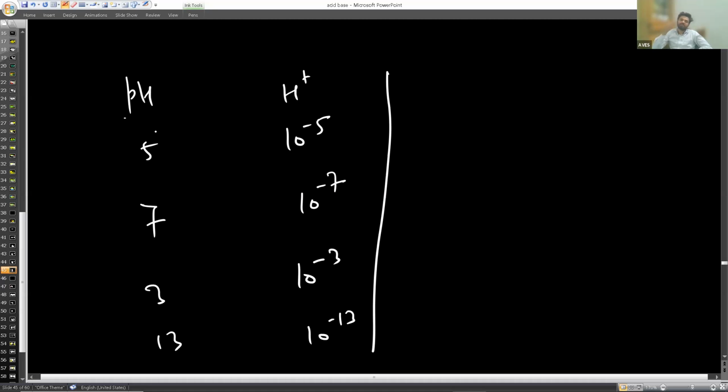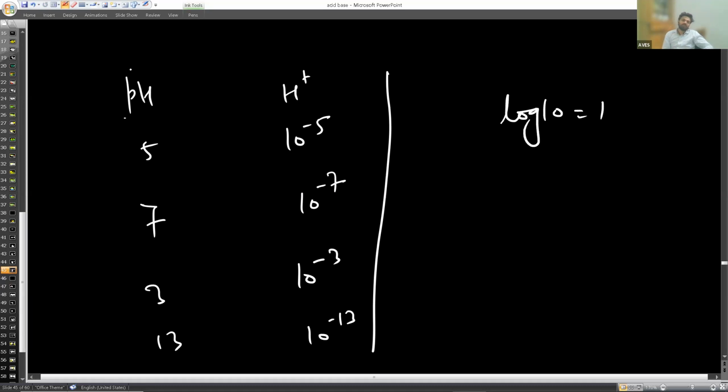Means minus 10 log, what is it equal to? Minus log 10? No, only log 10 is equal to 1. Okay. Done, sir.